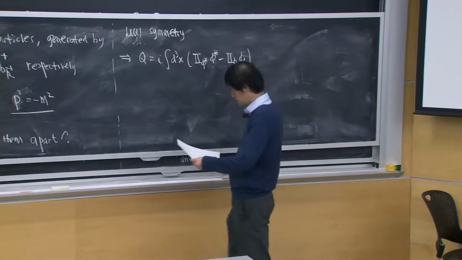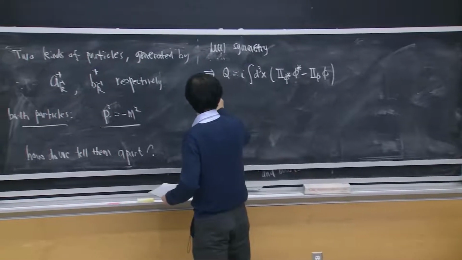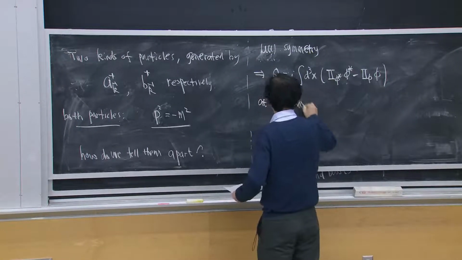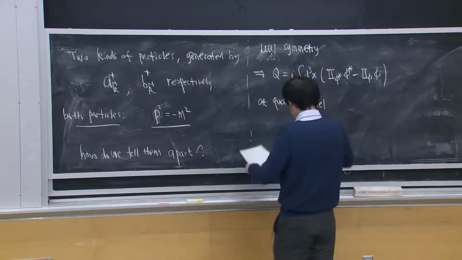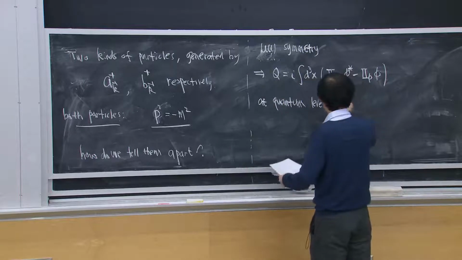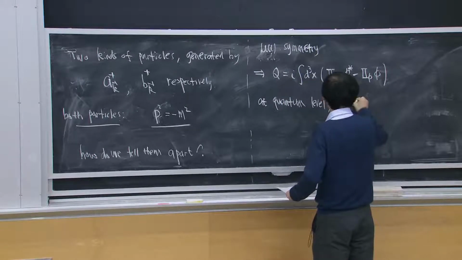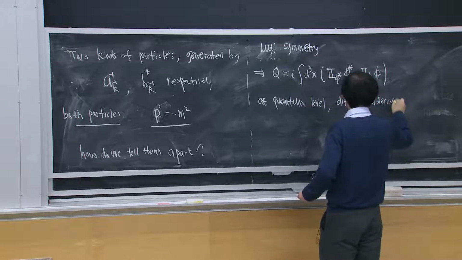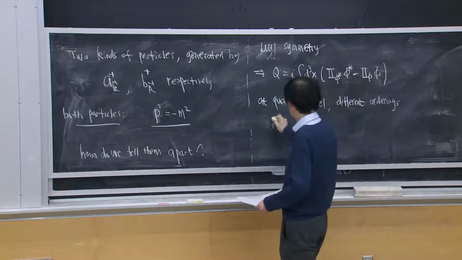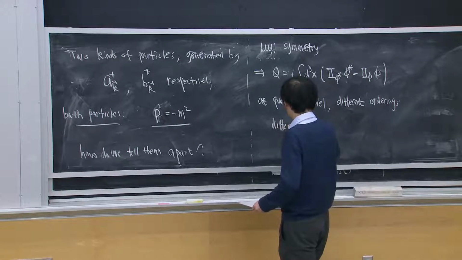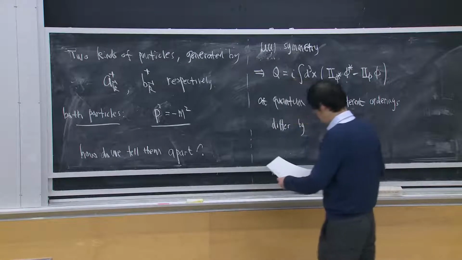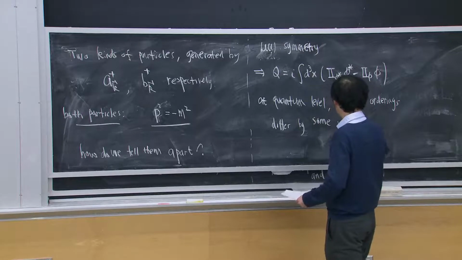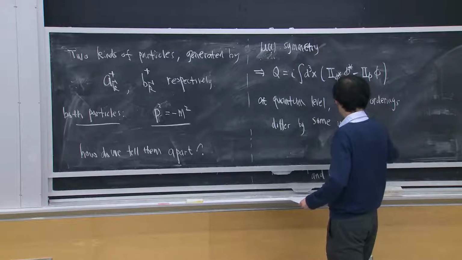So at the quantum level, different orderings differ by some infinite constants.